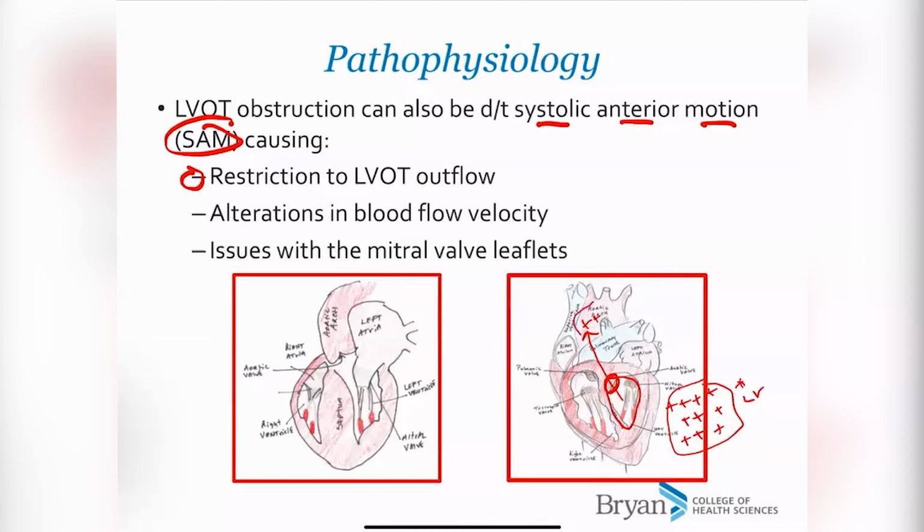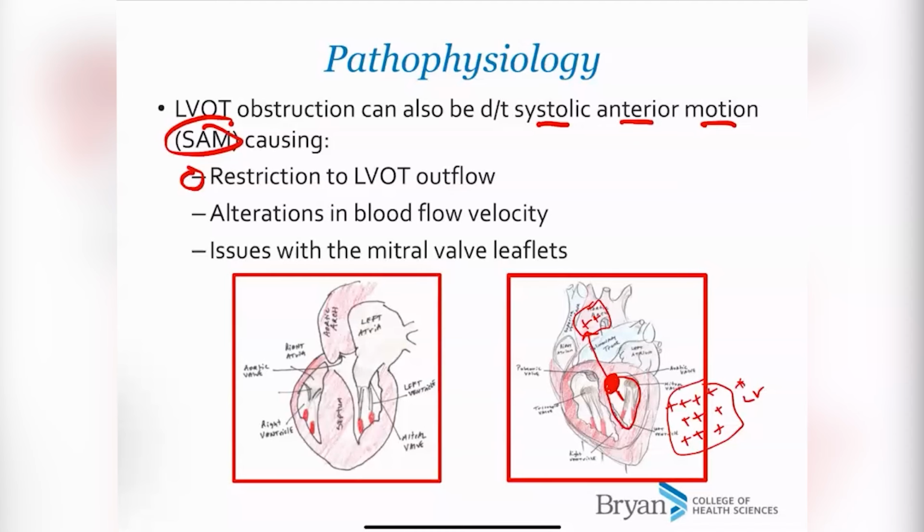The differences between the initiating chamber and the chamber that it needs to go to produce a situation where blood flow velocity, or how fast blood is flowing across an opening, which in this case is the aortic valve, is affected. When that pressure difference is great, the velocity of flow across that obstruction, or in this case the left ventricular outflow tract, will increase dramatically.